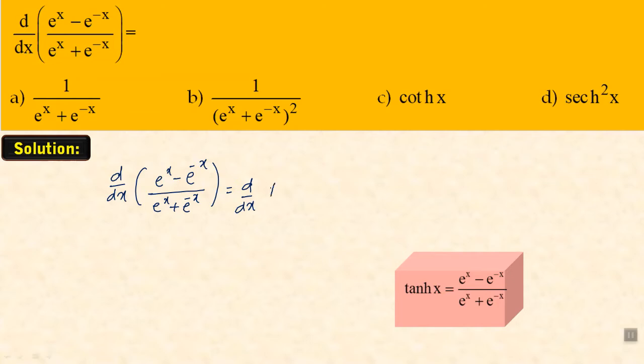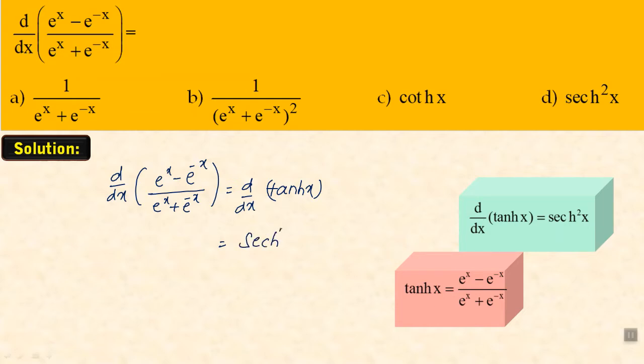So here tan hx, this equals to, we know that d by dx of tan hx is equals to secant h square x. Therefore, the answer is option D.